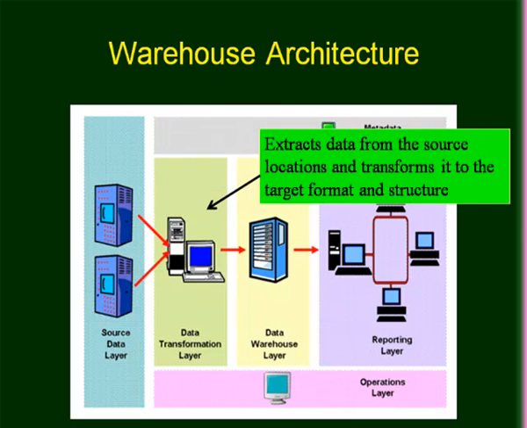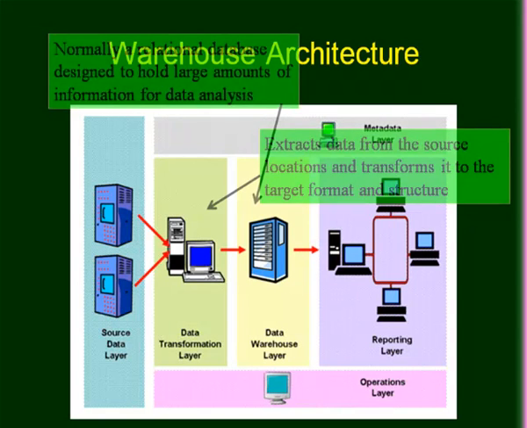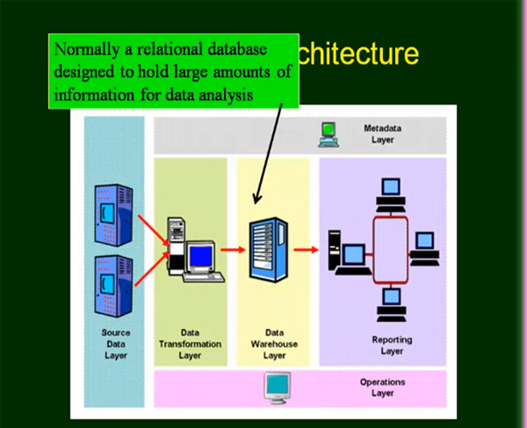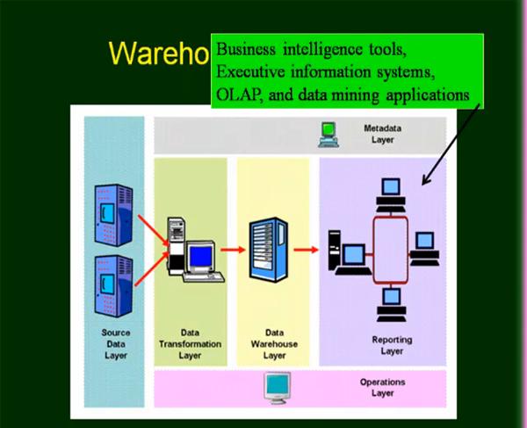Then the data transformation layer extracts data from the source locations and transforms it into the target format and structure. The third one is the data warehouse layer, normally a relational database designed to hold large amounts of information for data analysis. So this is our data warehouse.